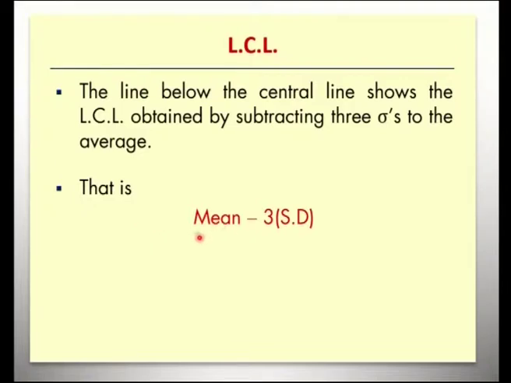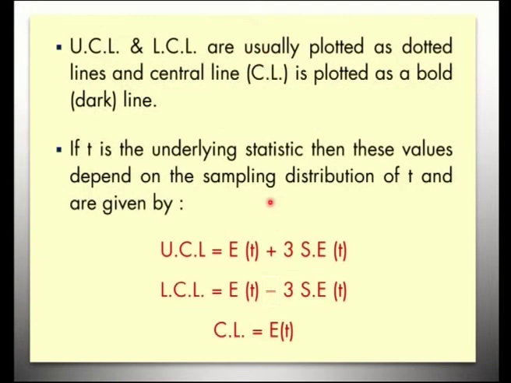That is, mean minus 3 times standard deviation. Usually the UCL and LCL are plotted as dotted lines and the central line CL is plotted as a bold dark line.